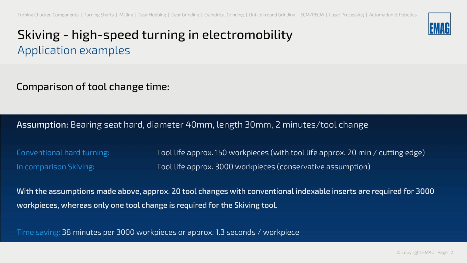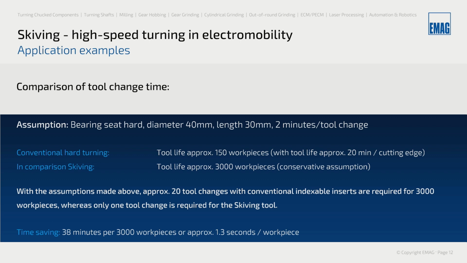Now you see for conventional hard turning, with a tool life of 20 minutes for one cutting edge, you can do 150 work pieces with one edge, and in comparison, the skiving tool would have a tool life of 3,000 work pieces.